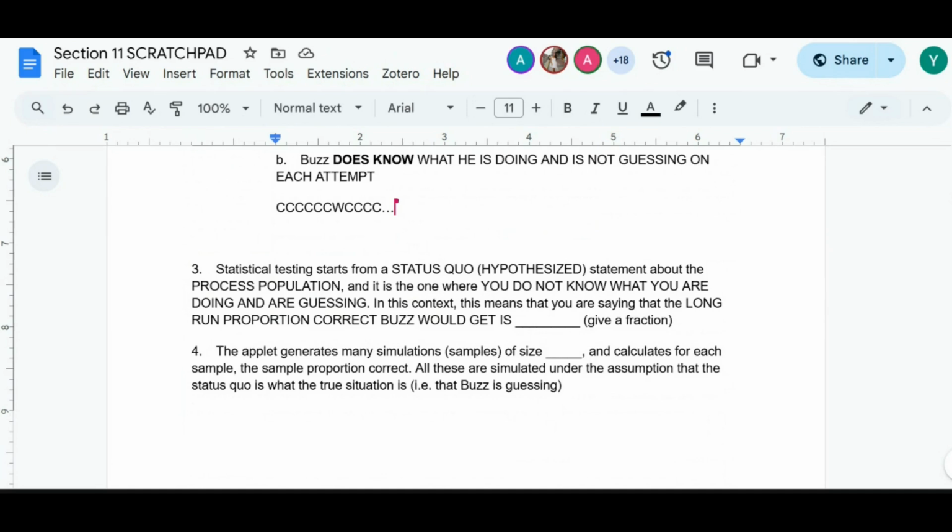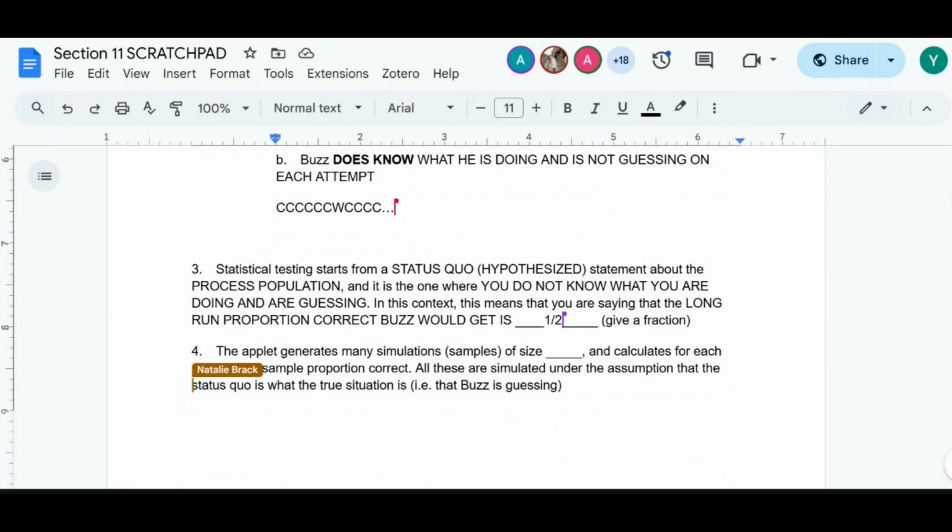When I say you guess on a true-false test, I'm saying that the long-run proportion you get correct is, can you give me a decimal? It's 0.5. Good. That's what I'm saying.